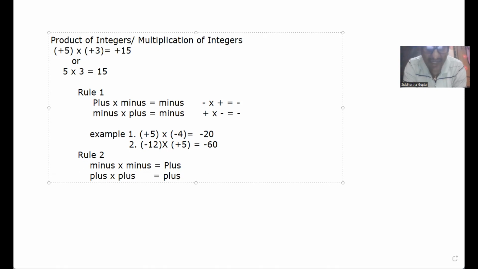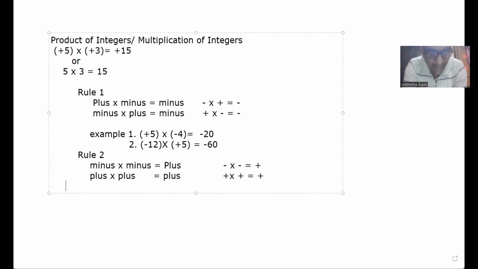So remember this idea: when the symbols are the same, you always get the positive answer. When two negative numbers are multiplied, you always get a positive symbol. Similarly, when two positive numbers are multiplied, it's no rocket science, you always get a positive number. So this is the idea.